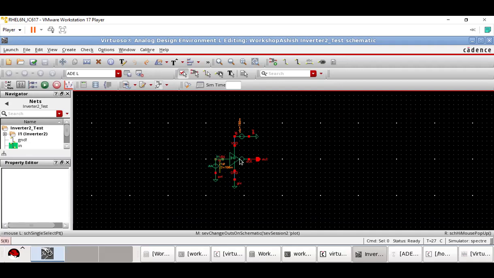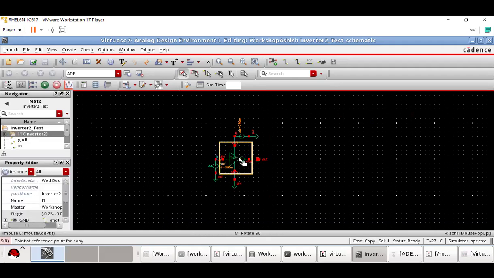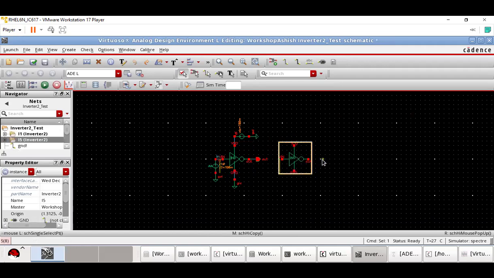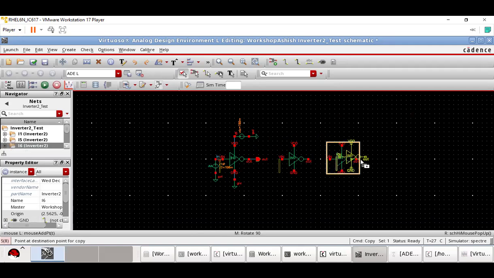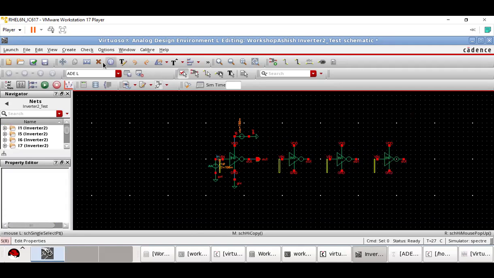So I'll copy this symbol and paste it here. Press C for copying, and then copy it here. Then again press C for copying. Place it here.